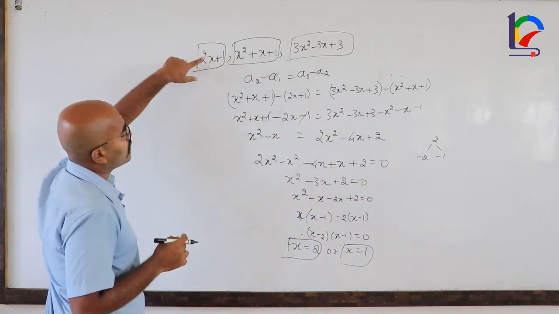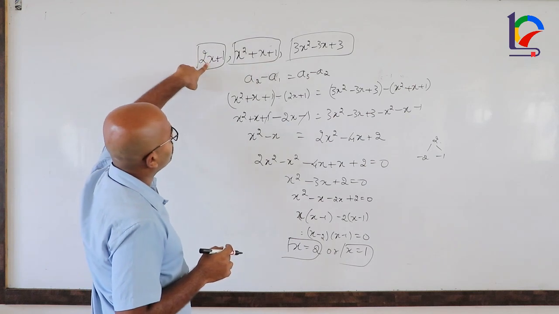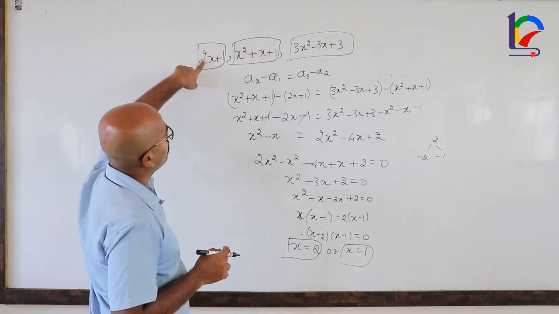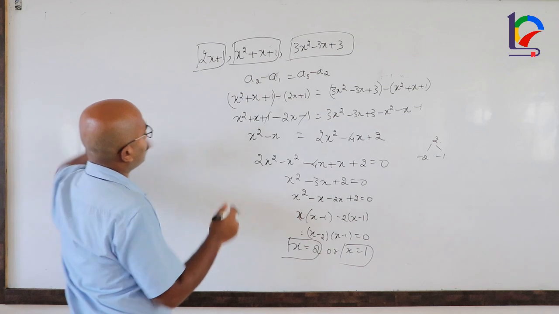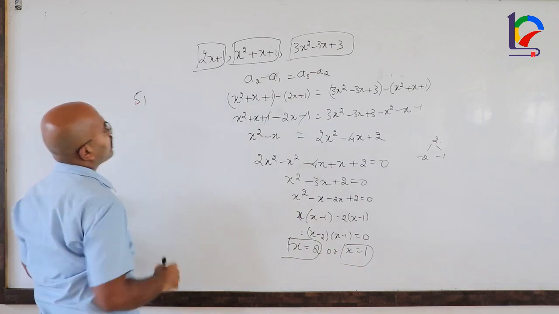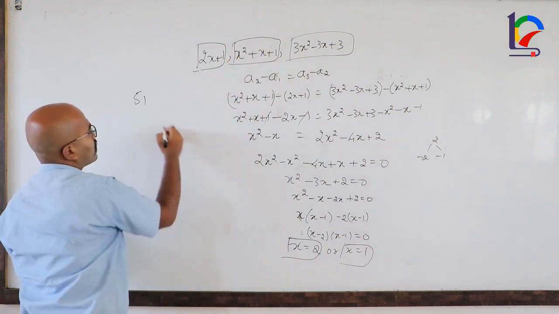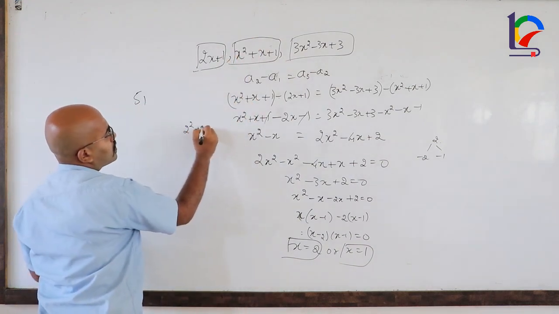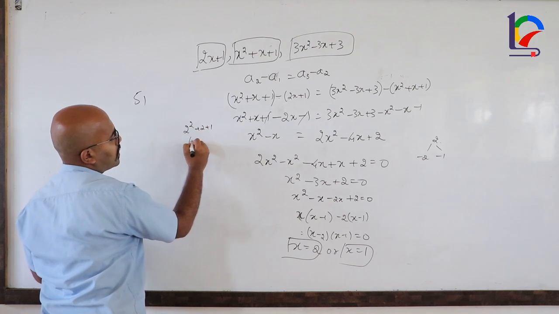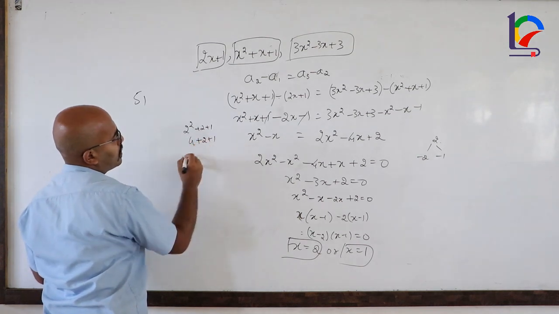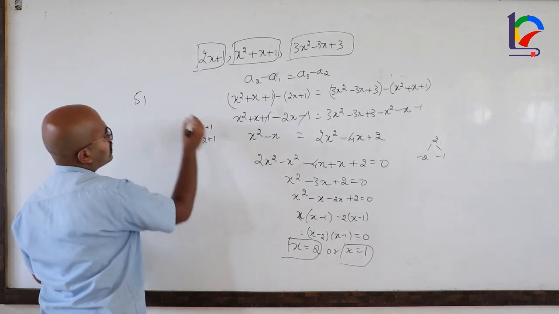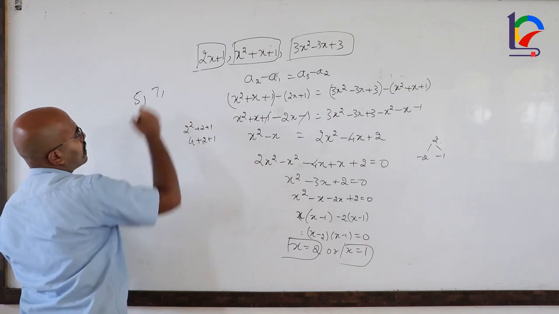What will the value be? When you take x is equal to 2, the first term will be 2 into 2, 4, 4 plus 1, 5. Second term, 2 square plus 2 plus 1. 2 square is 4 plus 2 plus 1. 4 plus 2 is 6, 6 plus 1 is 7.